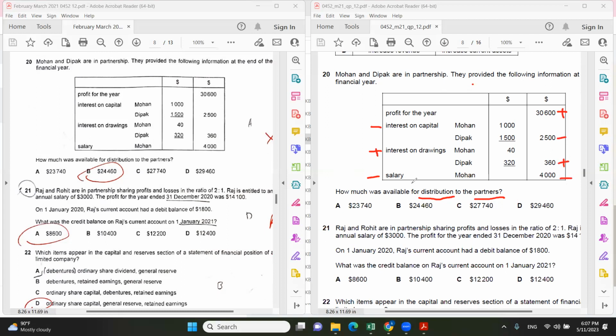So the net balance share of the profit, 30 minus 250 plus 360 minus 4,000. So we get net is 24460. So this is the amount to share by the partner.